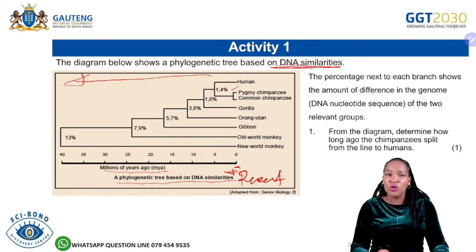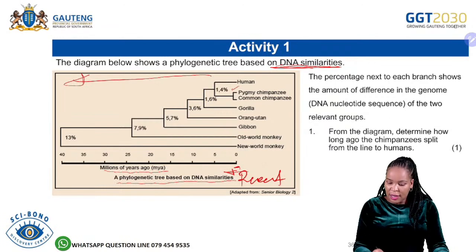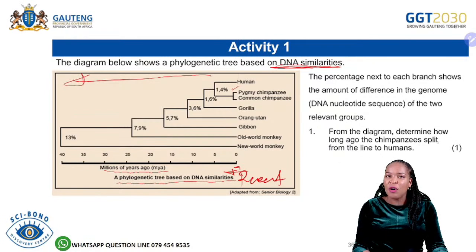Now let's go to the question. It says that the percentage next to each branch shows the amount of difference in the genome, DNA nucleotide sequence of the two relevant groups. Now, from the diagram, determine how long ago the chimpanzees split from the line of humans.